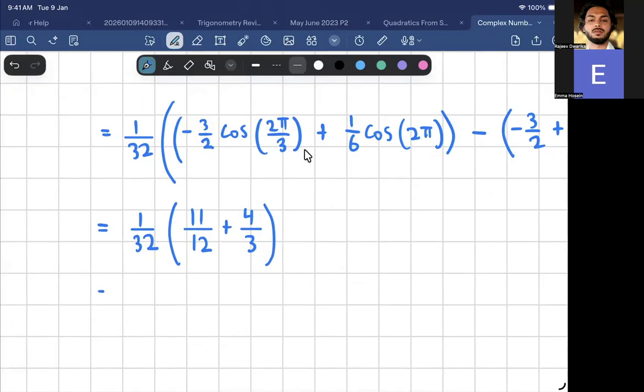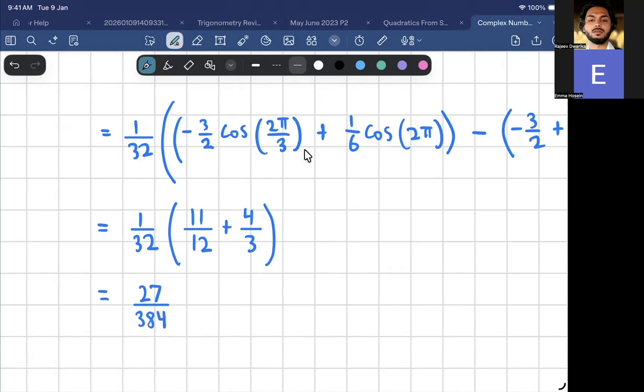The numerator would have to be 27, and the denominator would have had to be 32 times 12. 32 times 6 would be 192, and 192 times 2 is 384.